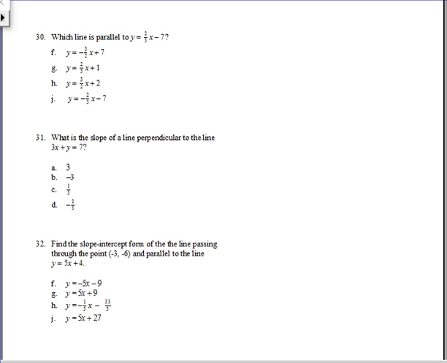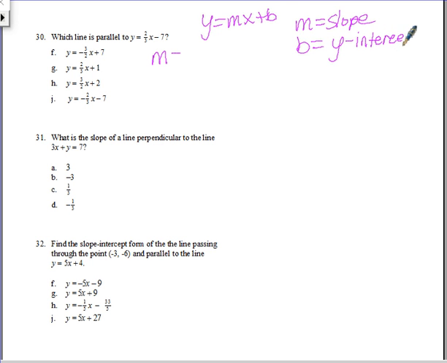So the problems are going to be a little bit more complicated on the final, but which line is parallel to y equals 2/3 x minus 21? Well, the m here, if we have y equals mx plus b, and we know that m is equal to slope, and b is the y-intercept, we know that the slope here has to be 2 over 3.